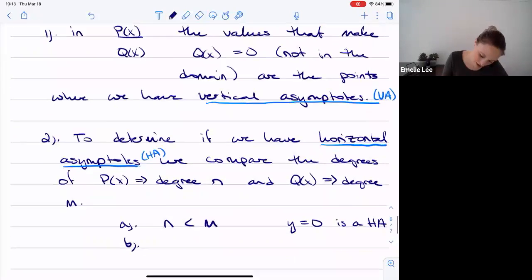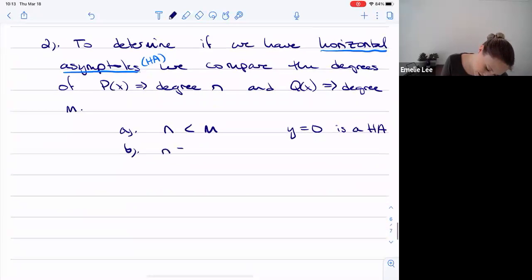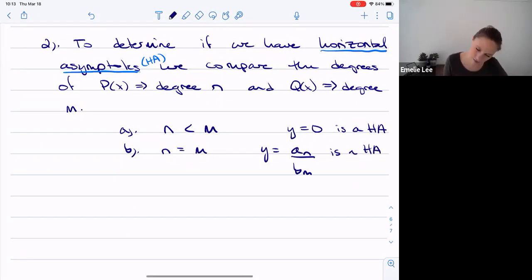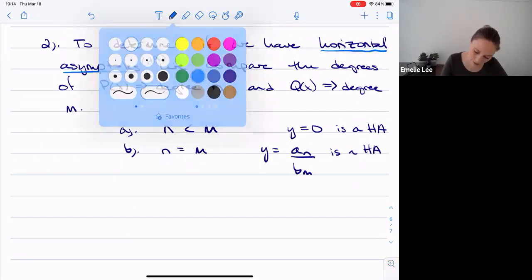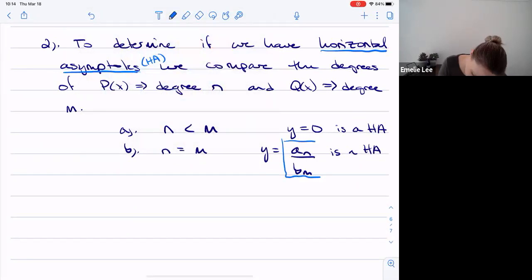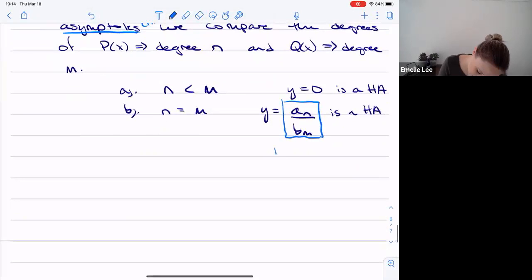So if n is equal to m, then y equals a_n over b_m is a horizontal asymptote. I'll just clarify that these are the leading coefficients.